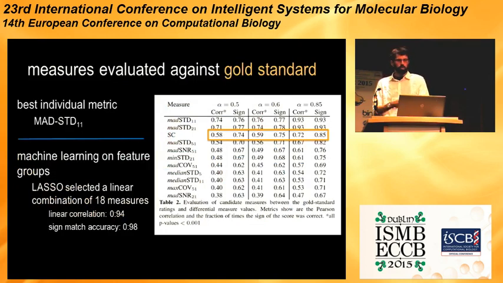So we took these 3 levels of gold standard, and calculated the correlation against the expert ratings, and also this sign match type of classification. We found that even on the worst performing data set, we were able to get an accuracy in terms of whether left was better than right of greater than 0.75, with reasonably strong correlations.